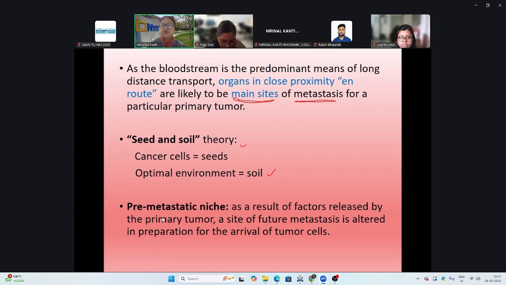Just because it's nearby and in close proximity doesn't always mean there will be metastasis. There have to be convenient conditions, of the right pH, of the right amount of secretions, etc., that make it possible.